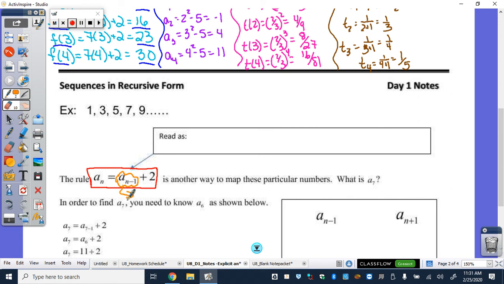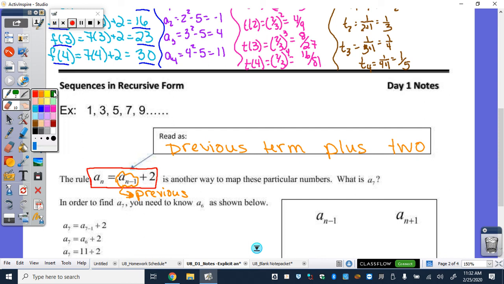Previous term. So they're telling us to take the previous term and add 2 to it. That's our recursive rule.